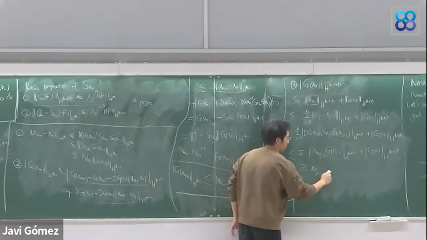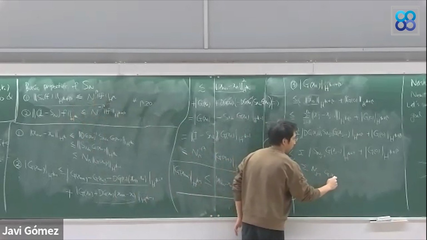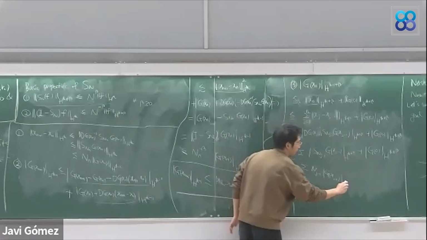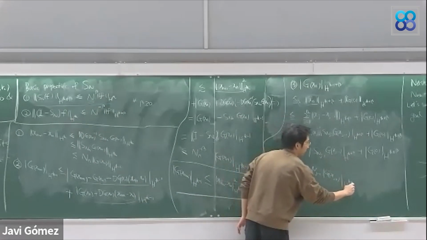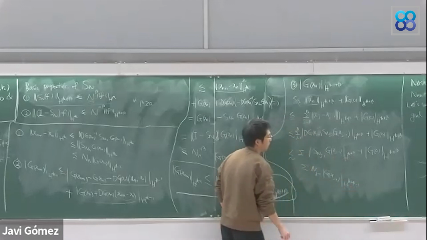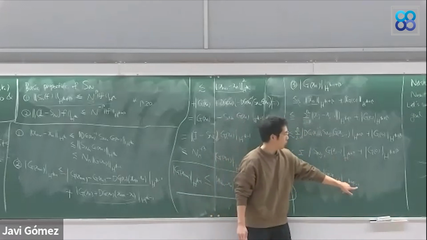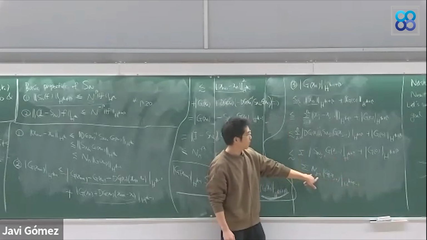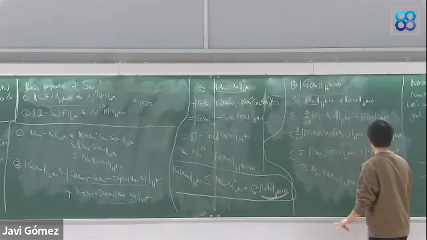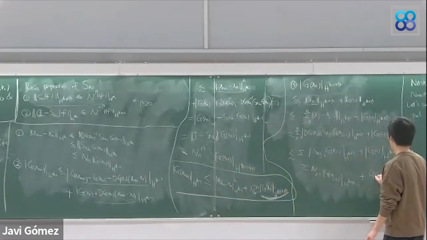Then we can bound it not by H^{k+β}, but by H^{k+β-1}. So we gain one regularity, and then we pay this price plus G naught.